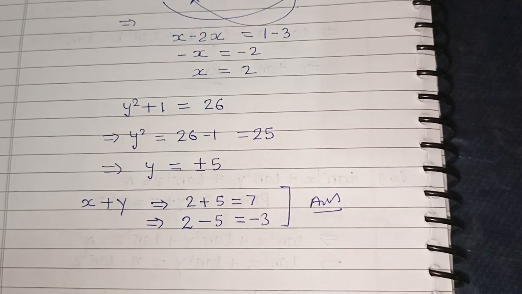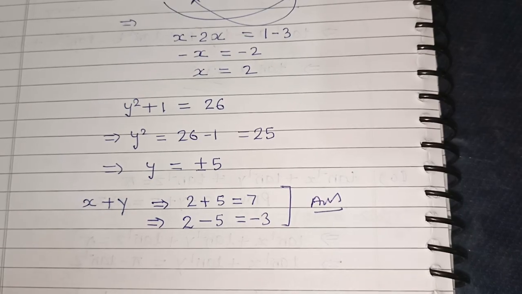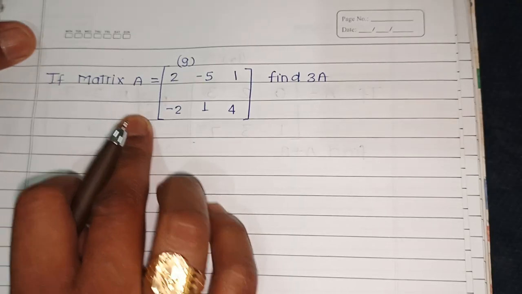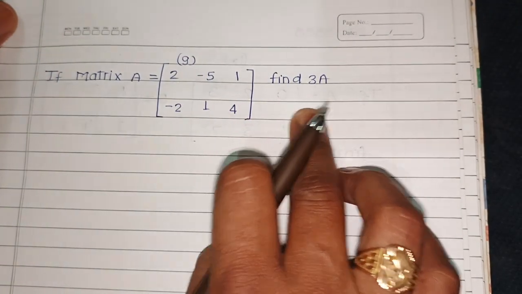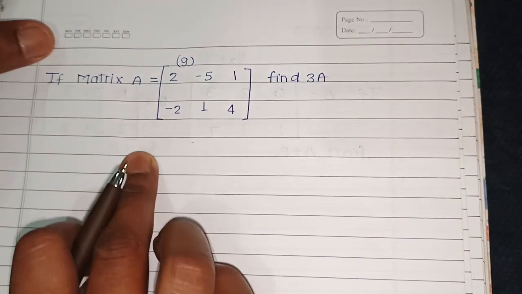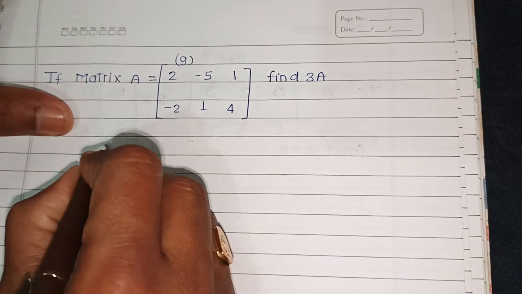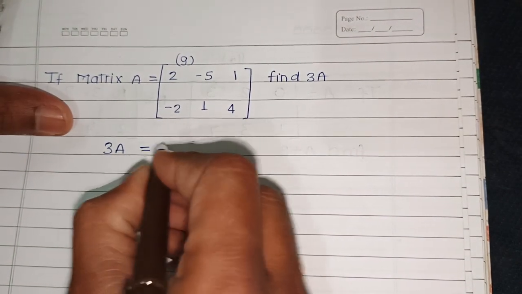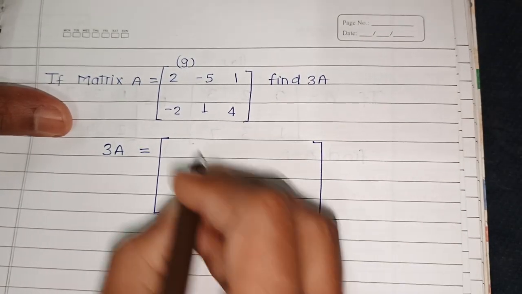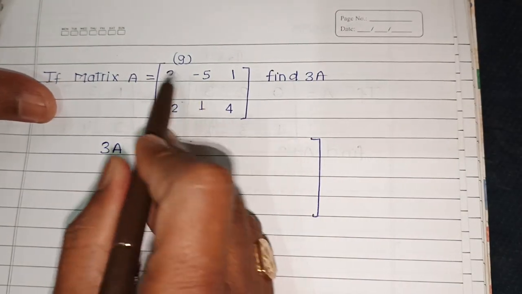नाउ टॉक अबाउट नेक्स्ट क्वेश्चन। चलिए अगले क्वेश्चन के बारे में डिस्कस करते हैं। कह रहा है इफ मैट्रिक्स ए इक्वल टू दिस सो फाइंड 3a। ओके, यदि मैट्रिक्स ए की वैल्यू ये है तो आपको 3a ज्ञात करना है। तो 3a इक्वल टू क्या हो जाएगा, we will multiply by 3 in each element of this matrix.